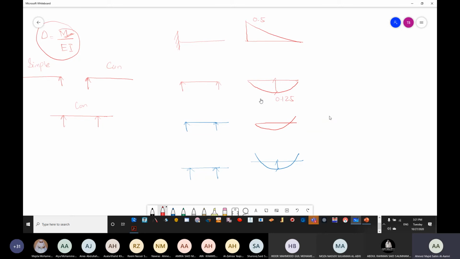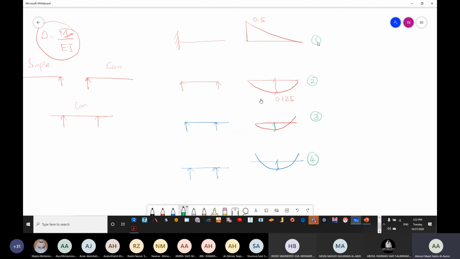Now, which one do you think is higher? Rather than saying case number 1 or 2, let's say case number 1, 2, 3, and then 4. Which one is having the higher coefficient, 2 or 3? 2 is having the higher coefficient because in 3, a certain part of the moment went up.